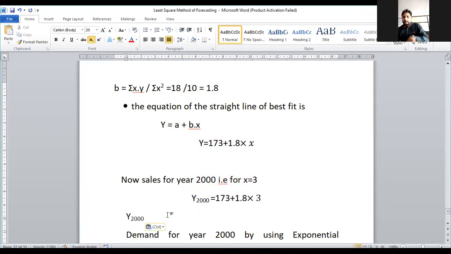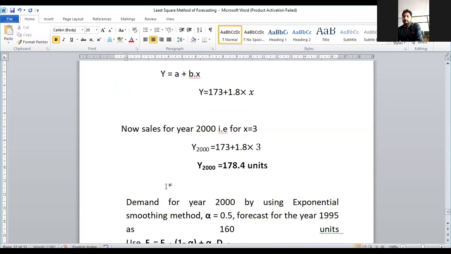So I will copy this just here. y2000 is 178.4 units. Okay, so that will be your answer for the first part of the question. That is nothing but forecasting by using linear regression or the least square method.